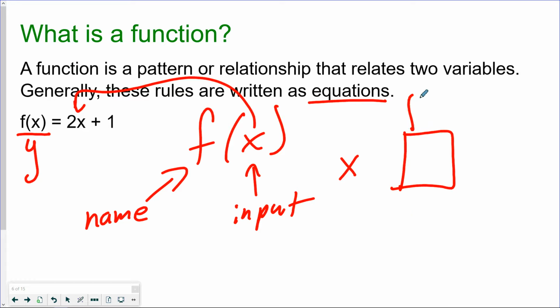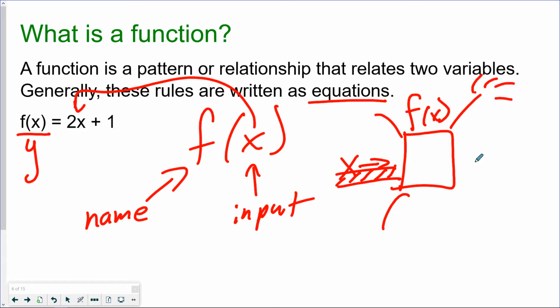Here's our function machine. You put x into it, feeding it on a little conveyor belt. It goes in, it makes some noise, sparks fly off, and then on the other side of the conveyor belt, it spits out our y. So that's what a function is. You give it something, it does some math, and then it spits out an answer.